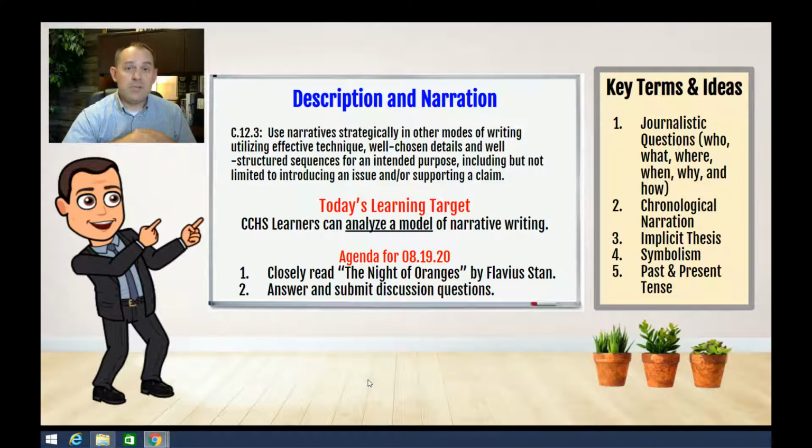And it happens to be Christmas Eve. I want you to think about, what does the orange symbolize? I'm not going to answer that question for you. I want you to think about it as you read. If you can figure out what the oranges symbolize, then you're going to be well equipped to answer the question in today's discussion about the thesis statement. So kind of put those two ideas together, symbolism of the oranges and the implied thesis.